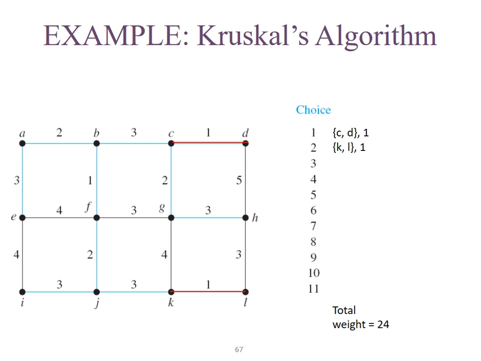So next, we choose another weight 1, BF. Once BF is included in the spanning tree, we don't have any cycle. And in this case, you can see we have chosen all edges with the weight 1, right?